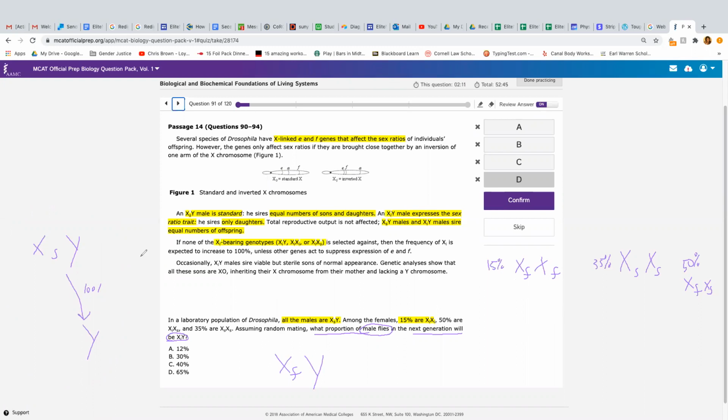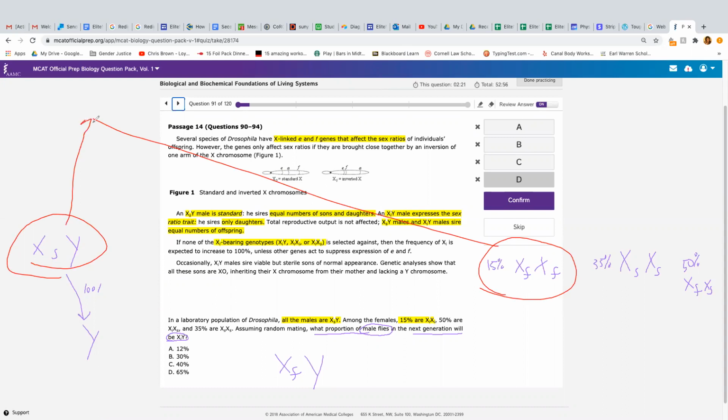So one simple way of doing it is to do a simple cross. Let's take this male and cross him with this female. What are the odds of making a male that has the disease? It's 100%. Why is that? The male is always going to be giving the Y, so we only have to think about the mom. That mom, the 15%, is obviously going to give the mutant.